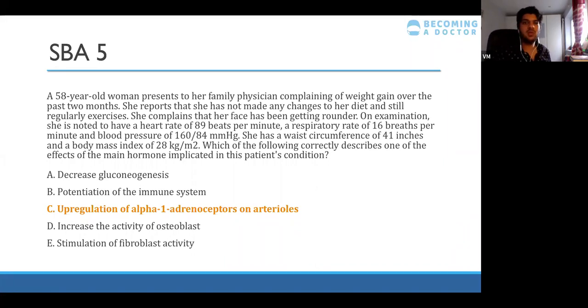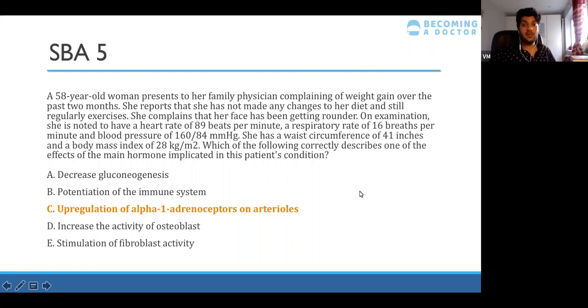Potentiation of the immune system, I'm just wondering why you guys thought to put that. I guess there isn't really any indication here that there's a problem with her immune system. She doesn't really complain of your classic symptoms of infection or anything like that. I think the main thing to pick up would be the blood pressure finding.